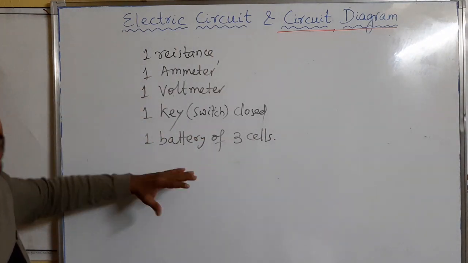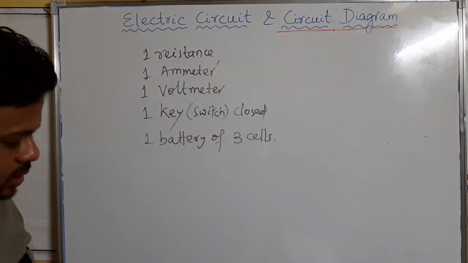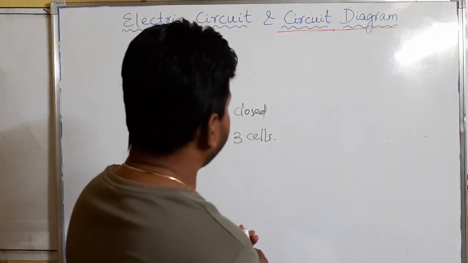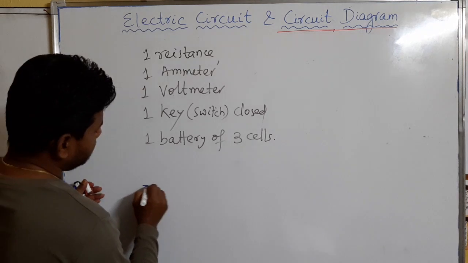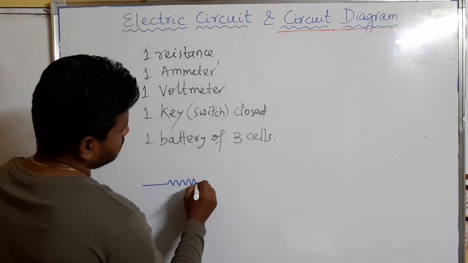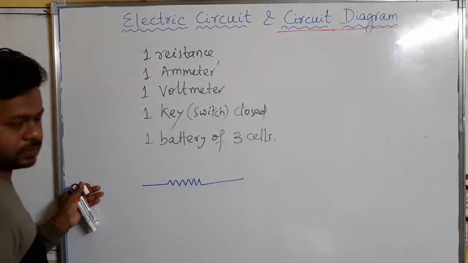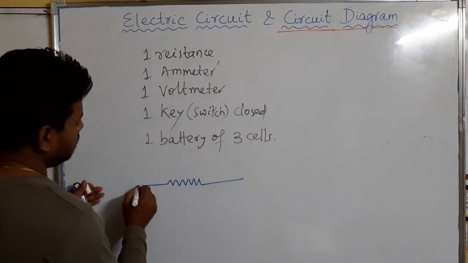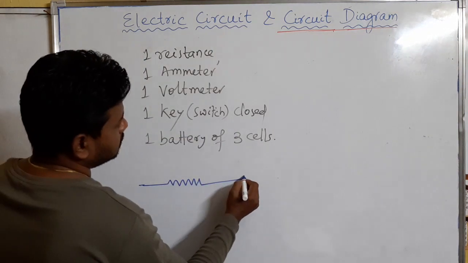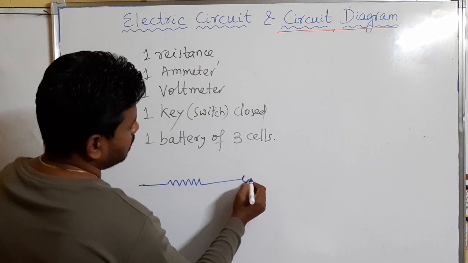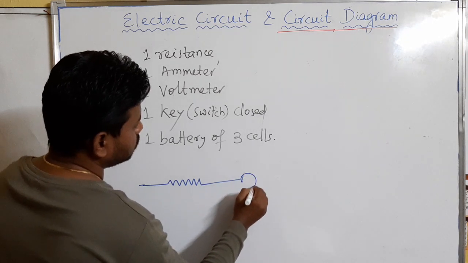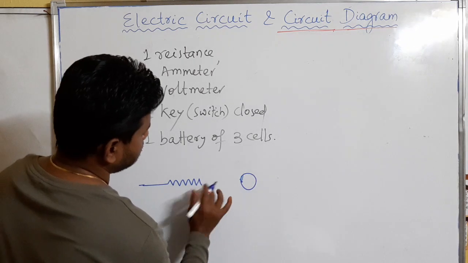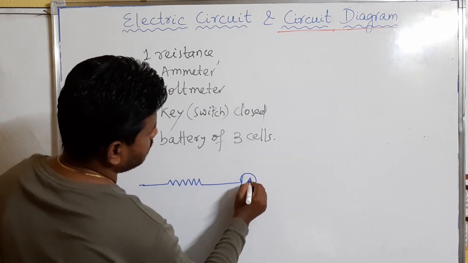So if we make the circuit diagram using these components, I'm making here the resistance, and here I have used an ammeter.